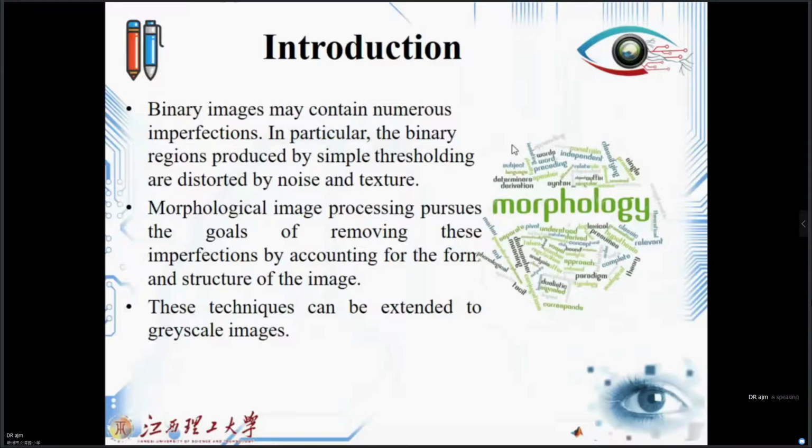Then the aim of morphology becomes clear now. It helps to remove this problem inside our image and also gives a good shape. This technique can be extended to the gray scale image also.